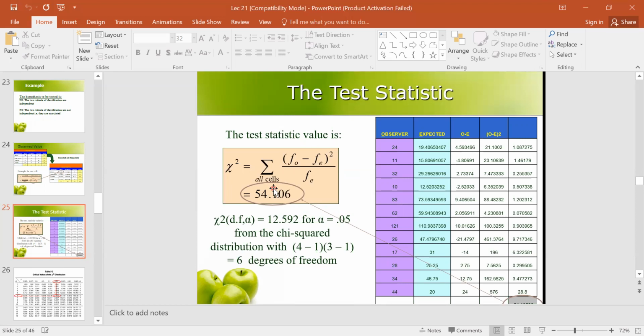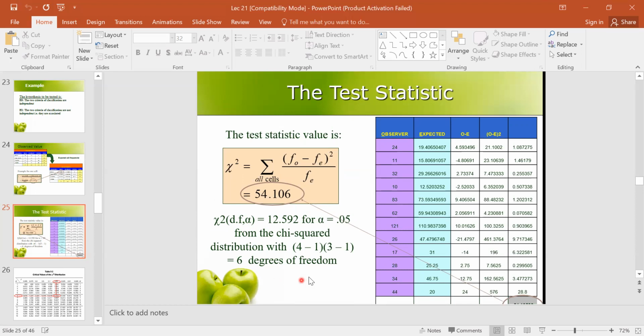The next step in hypothesis testing is to choose the critical region, and the critical region depends upon the table value. To find the critical region, we need degrees of freedom and alpha.